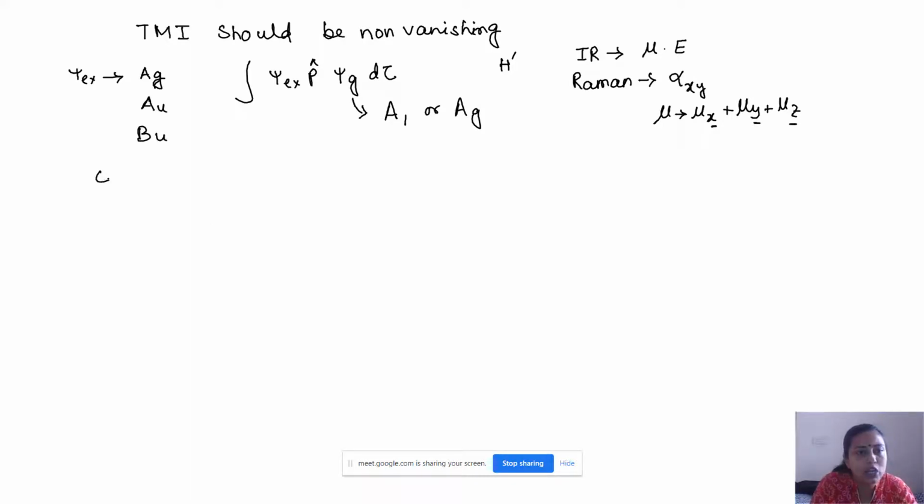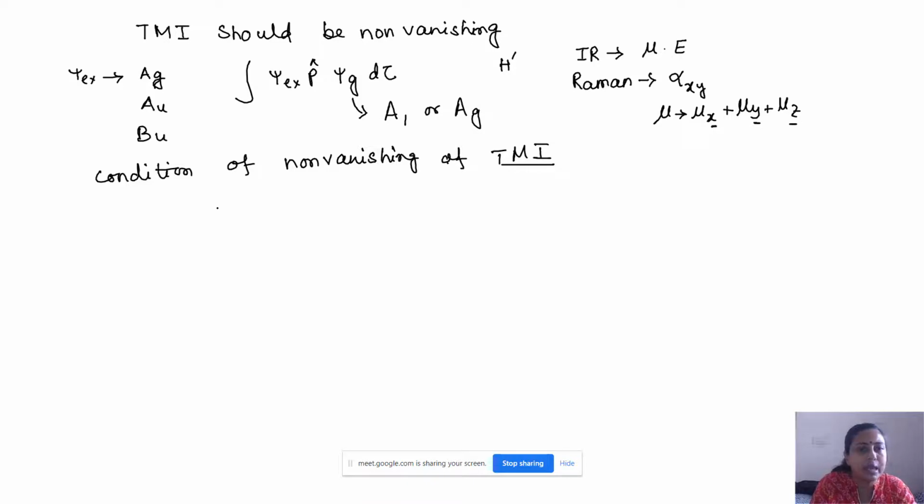Now the condition for non-vanishing of the transition moment integral is the way that my psi ground state and psi excited state are transforming.